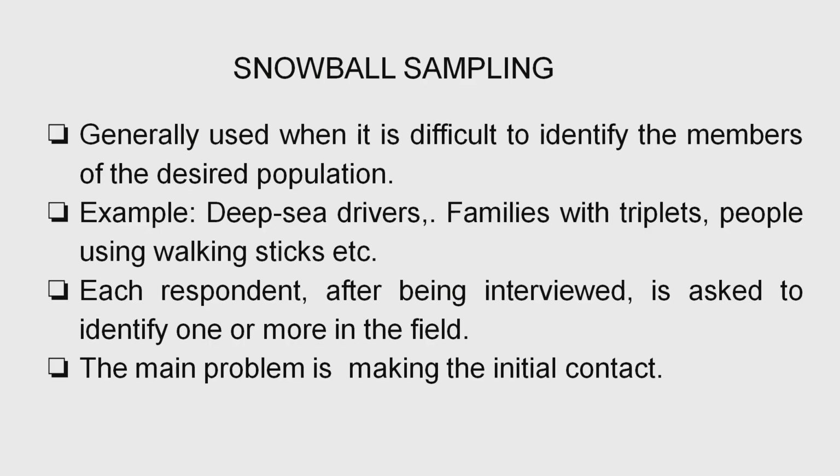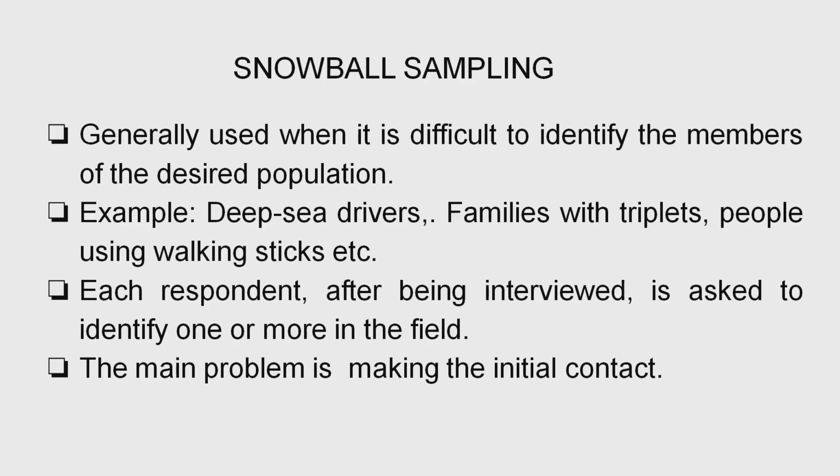Generally it is used when it is difficult to identify the members of the desired population. Only for topics in which you are not able to identify your respondents will you use snowball sampling. Some examples where snowball sampling can be used are when you want to do a study with people who do deep sea diving, families which have triplets, or people who use walking sticks to walk.